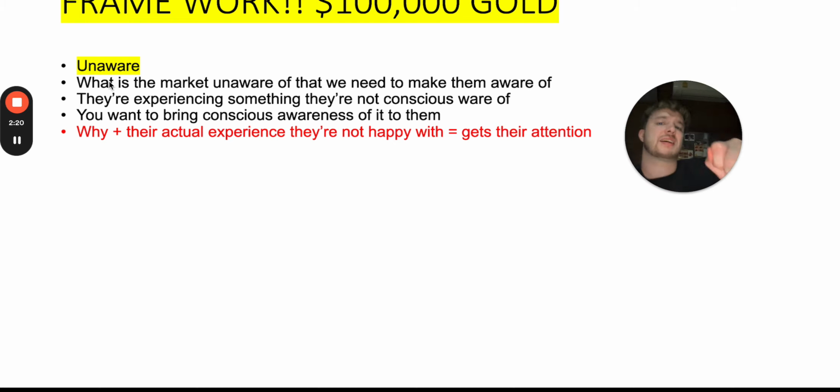So we have to ask ourselves the question, which is this: what is the market unaware of that we need to make them aware of? And then they are experiencing something they are not consciously aware of. You want to bring consciousness, awareness to them. And why? Like, for example, people in low emotional states and high emotional states, they ask themselves this question every single day. Why?